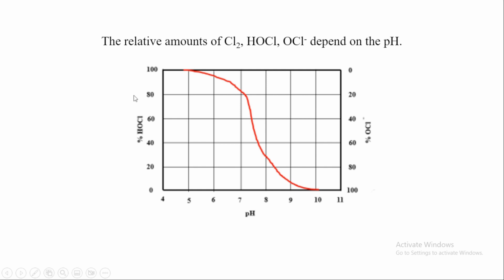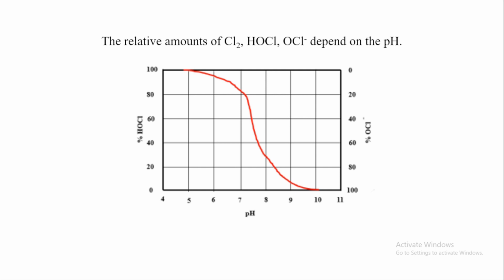Let us say at pH 7, we have around 80% HOCl and around 20% OCl minus. At pH 8, we have around 30% HOCl and 70% OCl minus. So, as we increase the pH, OCl minus is increasing. After pH 10, there will be 100% OCl minus and 0% HOCl. So, what was the question? They asked at what pH hypochlorite is present once chlorine is added in water.